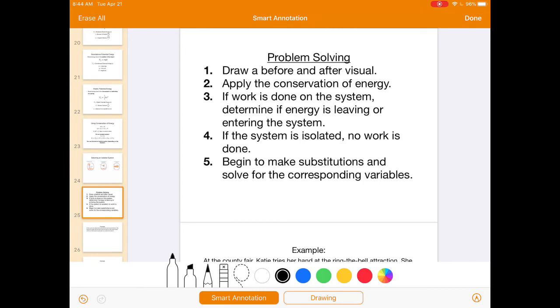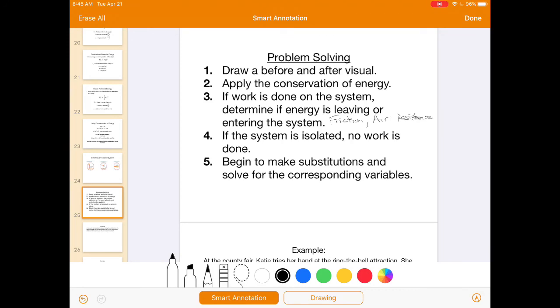So if you've got things like friction outside of your system or air resistance, anything that is going to be stealing energy, work is going to be done, all right? If the system is isolated, if all of the energies are in there, then no work is done. Then you're going to make substitutions for equations, solve for corresponding variables, and get to your final answer, all right?